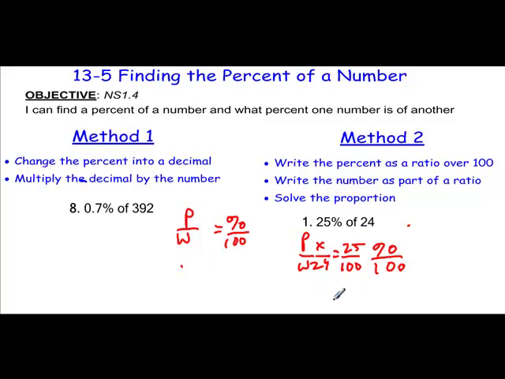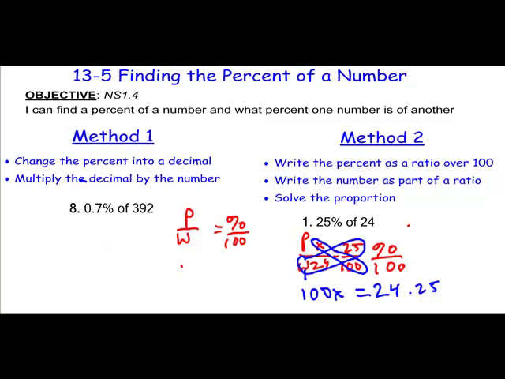So we can cross multiply this. 100 times x. We don't know the solution for that yet because we don't know what x is. Equals 24 times 25. So let's put that there. 24 times 25.